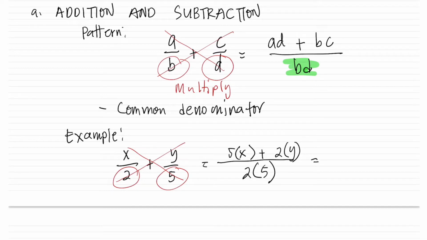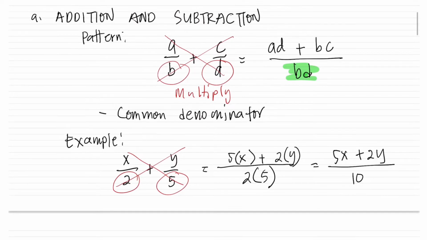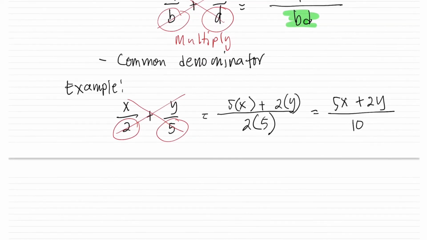Then we simplify, and it becomes 5x plus 2y over 10. And we can't combine 5x and 2y because their variables are not the same, following the basic rules of algebraic expressions on addition. So that is an example of addition of algebraic fractions.